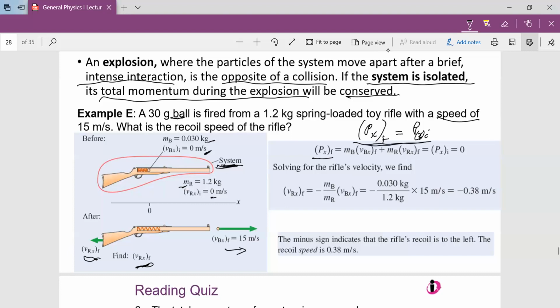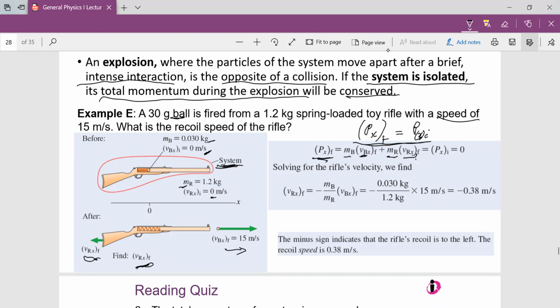So P final is the mass of the ball times the velocity of the ball, plus the momentum of the rifle, the mass of the rifle times the velocity of the rifle, which is what we are looking for, the unknown. This is going to be equal to the initial momentum.